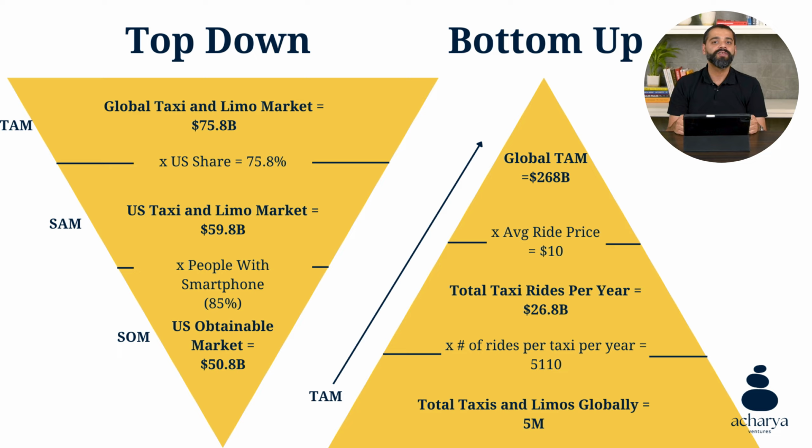Now, the top-down approach, I feel, on a personal level, gives a bigger number, and honestly it becomes a little tougher to defend these valuations, these numbers, when the investors start cross-questioning you. I personally prefer the bottom-up approach, where you start with the unit economics, the very basics. We're going to be covering unit economics in our next module, the financial modeling module, where we're going to be talking about how to structure your finances.